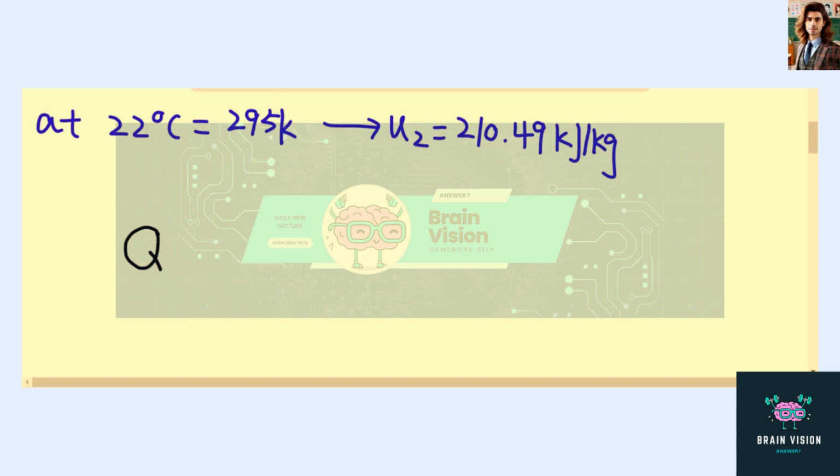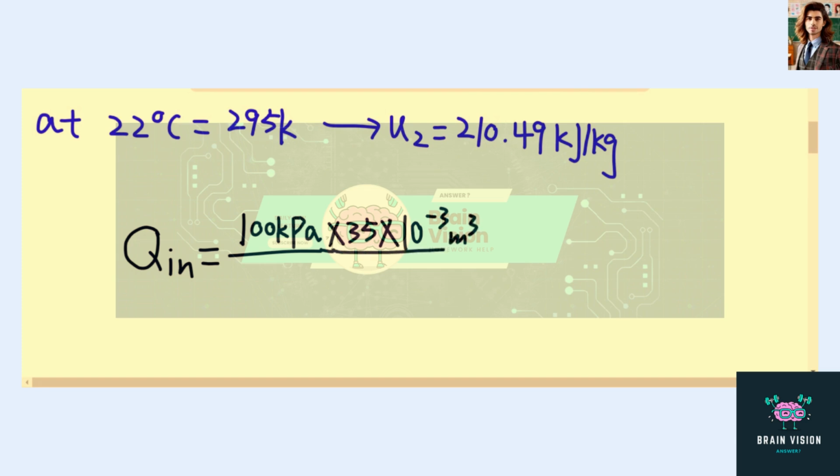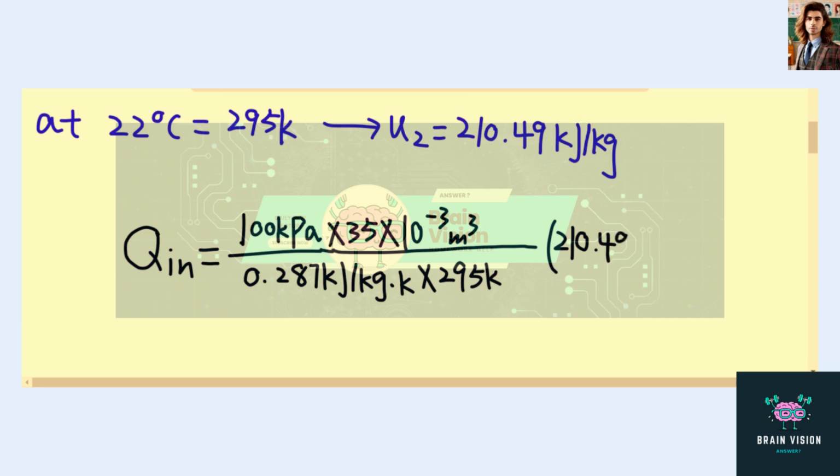So we'll have Q in is equal to 100 kilopascal times 35 times 10 to the power of negative 3 meter cube, and then over 0.287 kilojoule per kilogram Kelvin, and then times 295 Kelvin, and then multiplied by 210.49 kilojoule per kilogram minus 295.17 kilojoule per kilogram.